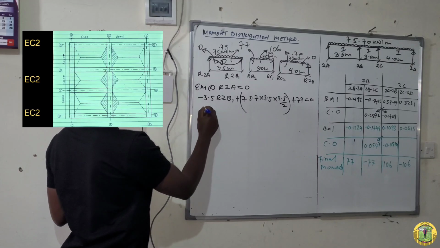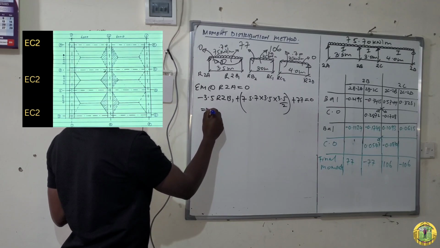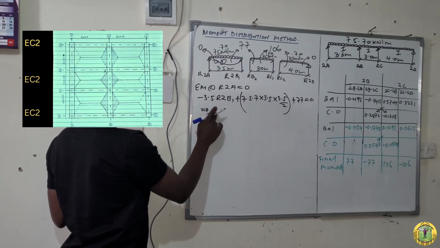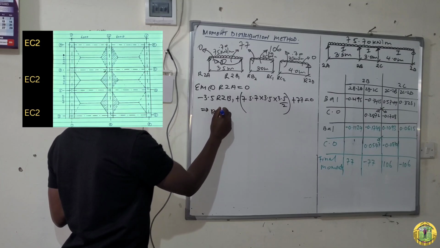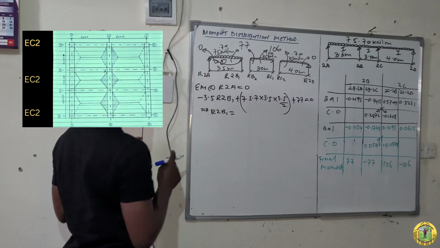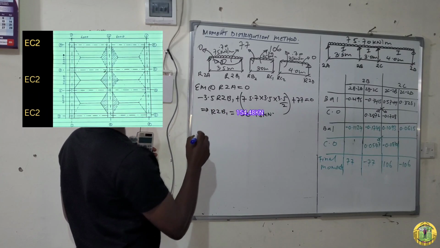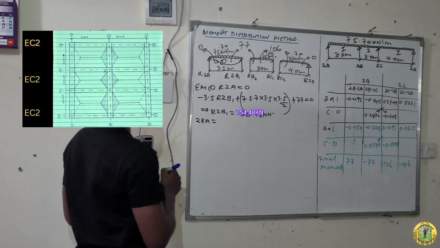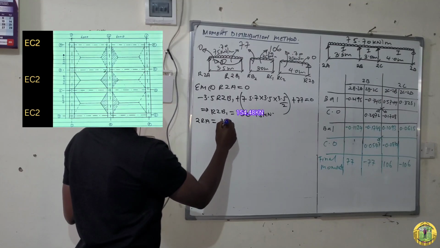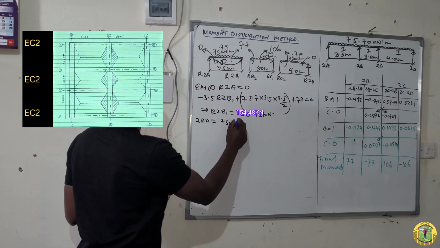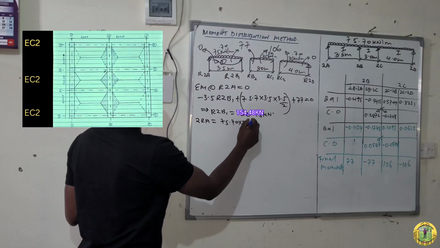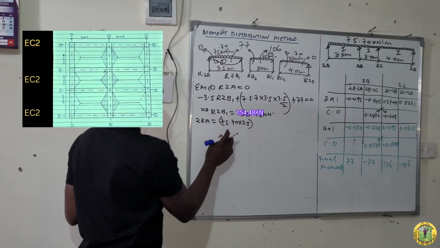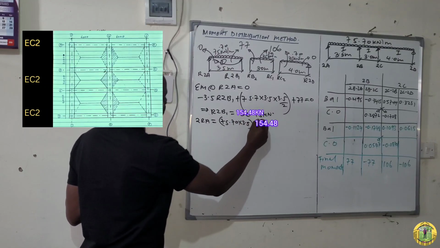Which implies R2B1 is equal to, and then we come to 2RA. This one will be equal to 75.70 times 3.5, change it to a point load, then minus.